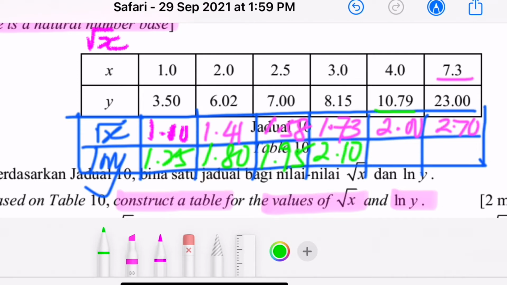And then ln 10.79, you get 2.38. And then ln 23, you get 3.14.